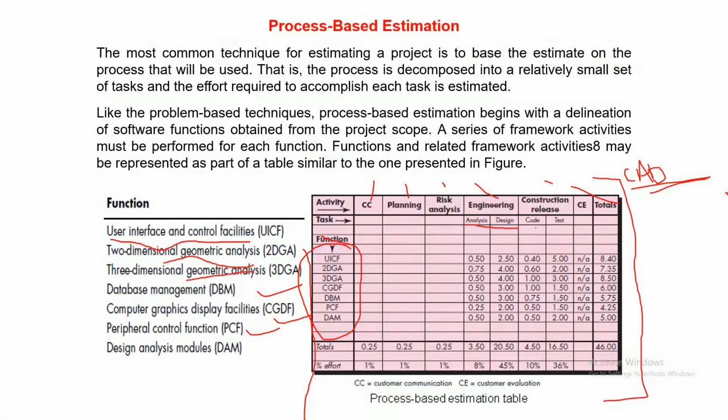The construction release phase is further bifurcated into code and test. Again, you have the liberty to further bifurcate analysis into further parts. You can bifurcate design into a further 2 or 3 subparts, and the person month of effort you can estimate. And based upon the person month estimate, you fix a cost per unit of effort.